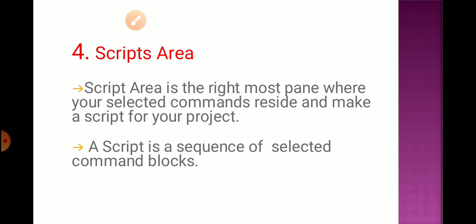So a script is a sequence of selected command blocks. So the command blocks are selected by you. When you run a project, the commands in a script are carried out. You can drag a block from the desired category to the scripts area.